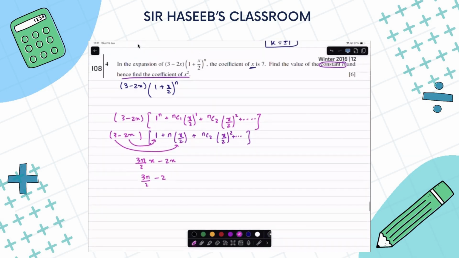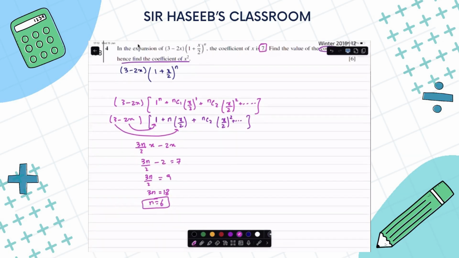Which should be equal to 7. So 3n over 2 is equal to 9. 3n is equal to 18 and n is 6. Okay?